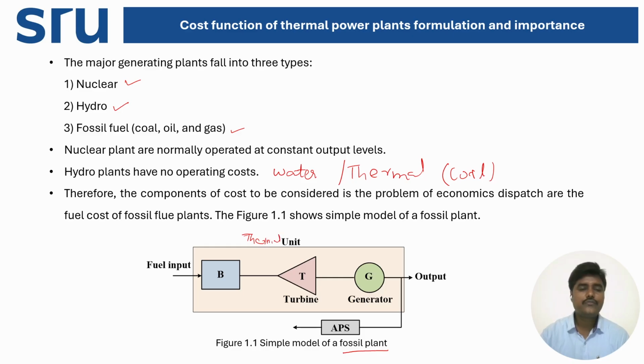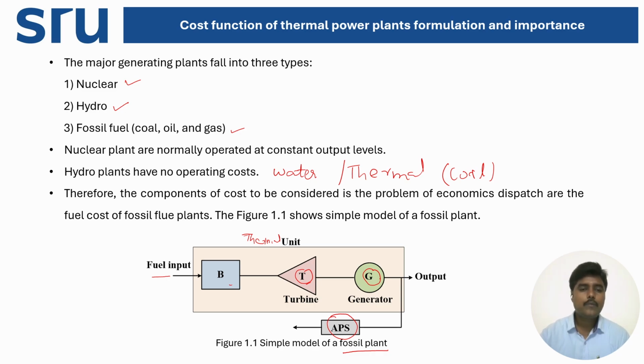It consists of fuel input that is given to the boiler, indicated as B here, and then the boiler output is given to the turbine. The turbine output is given to the generator, and then the generator gives you the electricity output. That electrical power output can also be used for auxiliary power supply. The combination of boiler, turbine and generator all together is called one thermal unit.